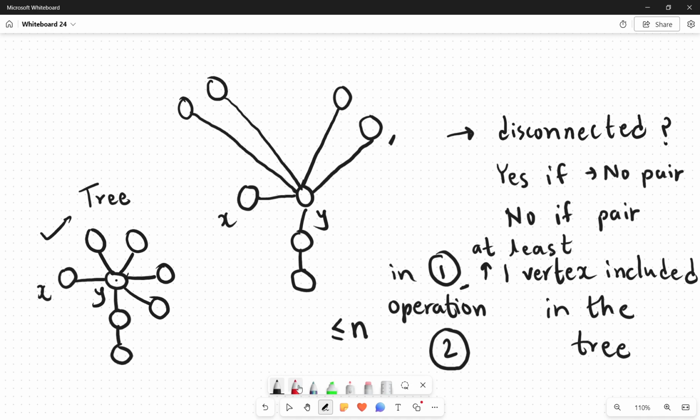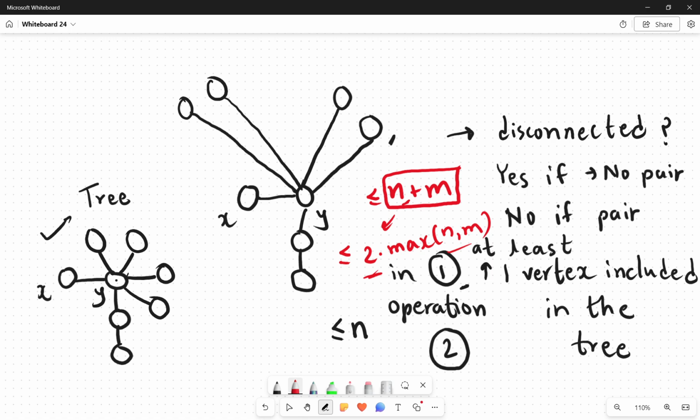So my total number of operations will be less than or equal to n plus m. Can I argue this? Yes. So this is basically less than or equal to 2 times max of n comma m, right? This is basic mathematics, or you can prove it by, without loss of generality, taking n as greater than m.